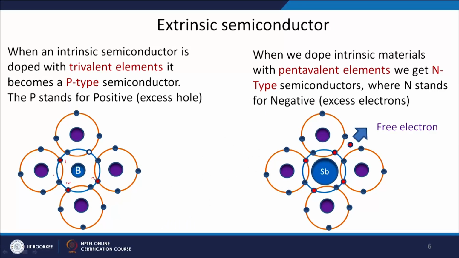So, when you add this kind of element into the silicon, which is what we call doping, the boron will replace the silicon atom. Earlier, all the silicon atoms were sharing 1 electron each and their shells were getting full with all the 8 electrons in the outer shell, okay, but now the boron's 3 electrons will be shared with 3 silicon atoms, but with the 4th silicon atom it has no electron to share.